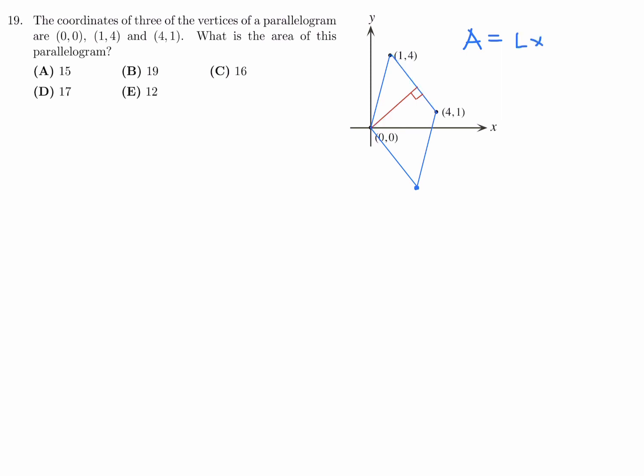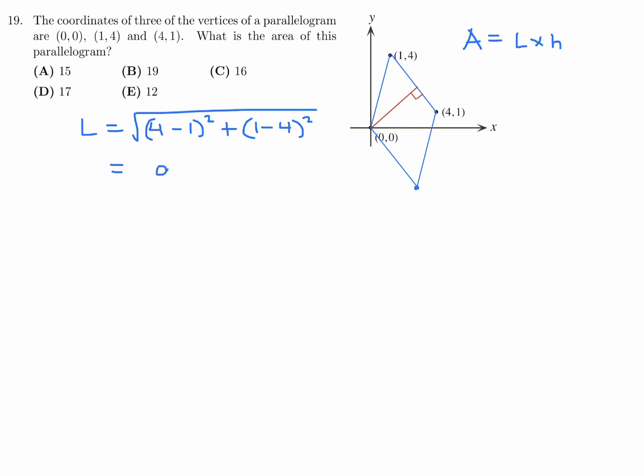Very similar to length times width in a rectangle. The length I can figure out pretty quickly. That's just going to be the distance between 2 points. So that's very straightforward. It's going to be 4 minus 1 squared, right? The distance between 2 points, 1 minus 4 squared, square root, like that.